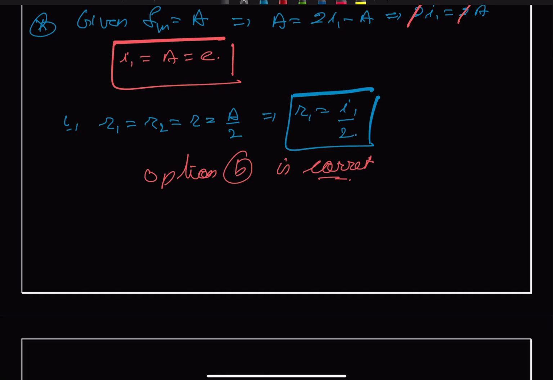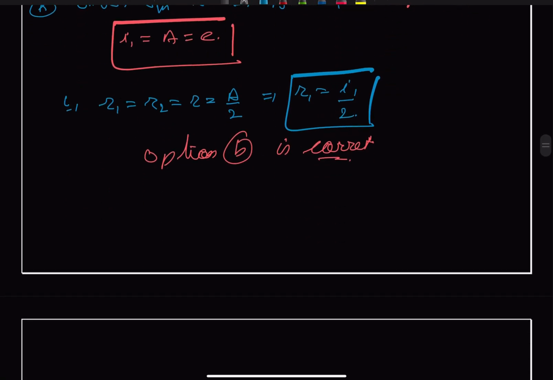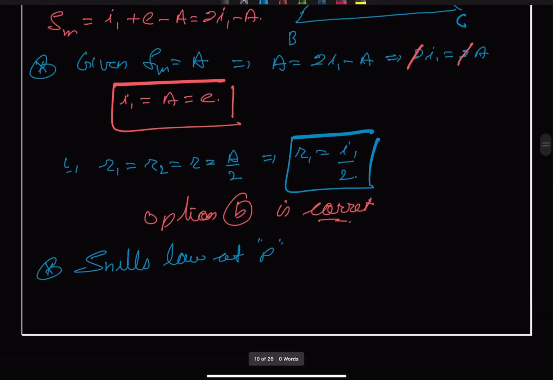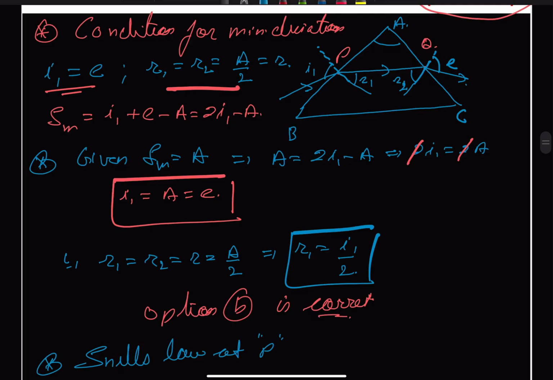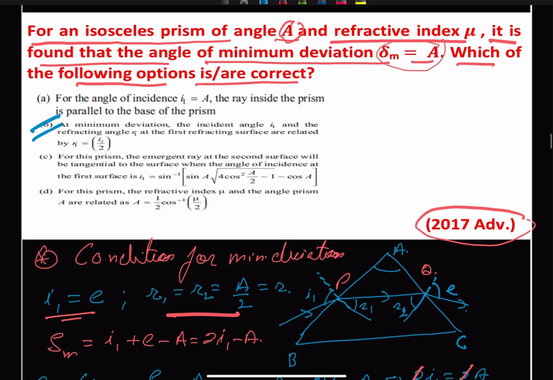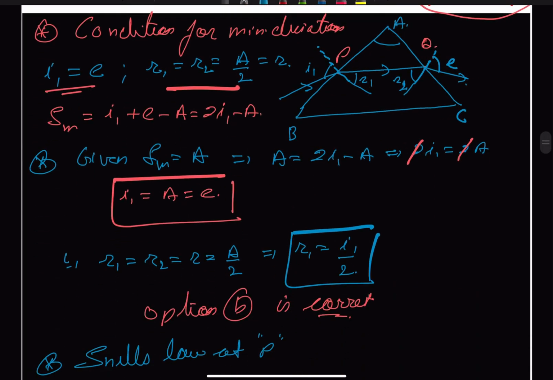And we can also use Snell's law at point P. The refractive index of glass is mu, given to us.